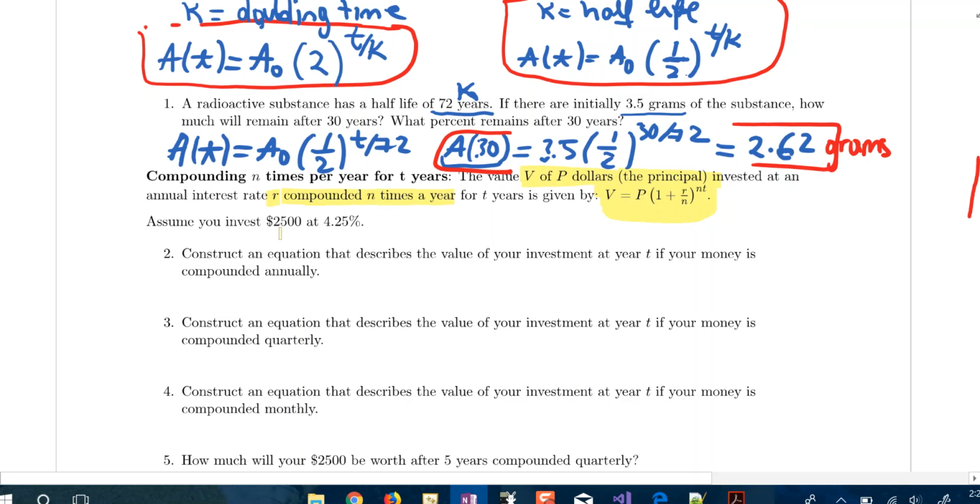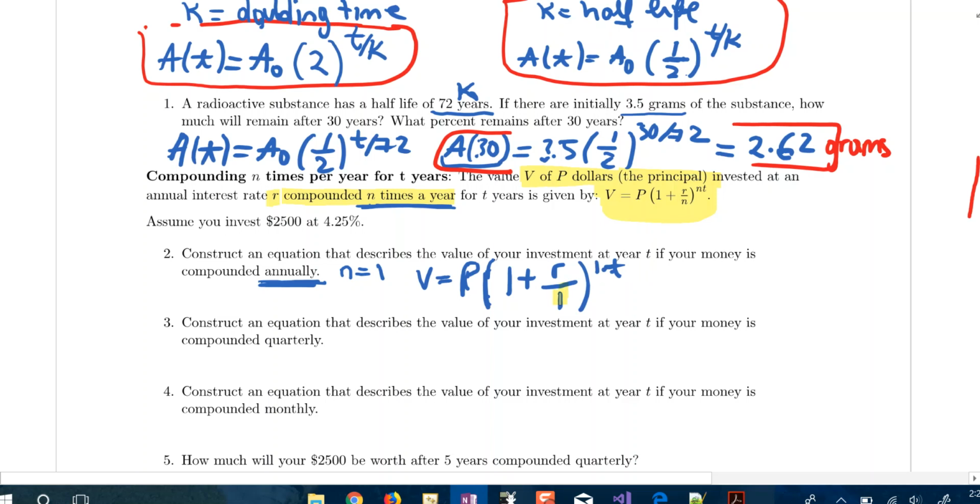So if you invest $2,500 at 4.25%, construct an equation that describes the value of your investment at year t if your money is compounded annually. Annually means that n, the number of times a year, equals 1, only once a year. So your formula, V equals P times 1 plus the rate divided by n, with n equals 1, to the n times t.